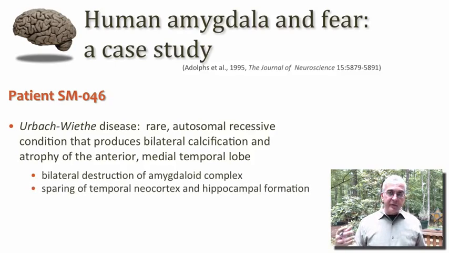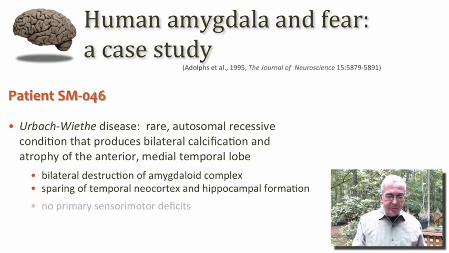However, this condition has spared the surrounding neocortical regions and, importantly, has spared the hippocampus. So patient SM has really provided a rare opportunity to explore the impact of a selective lesion of the amygdala with sparing of surrounding portions of the medial temporal lobe.